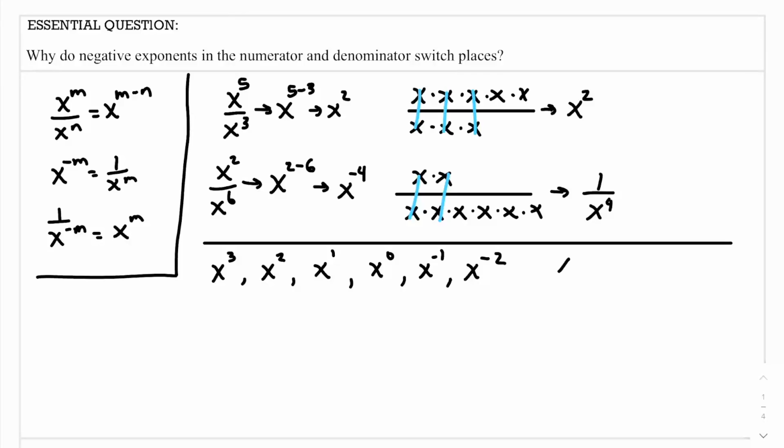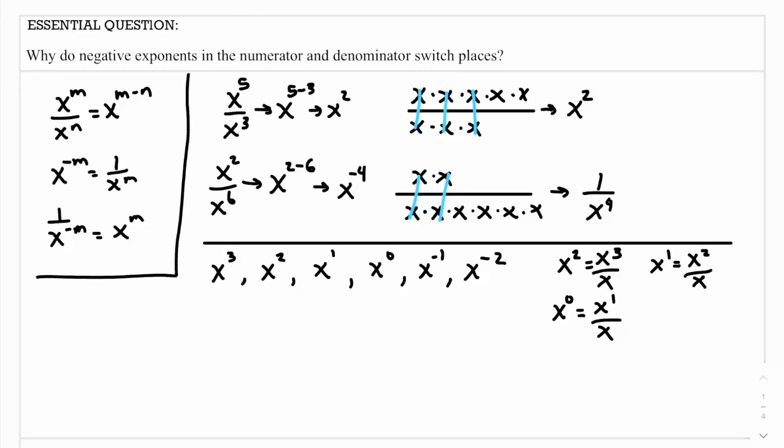So we've got x squared equals x cubed divided by x. x to the 3rd divided by x to the 1st gives us x squared. So then x to the 1st would be x squared divided by x. And if we keep going, x to the 0 would be x to the 1st divided by x.